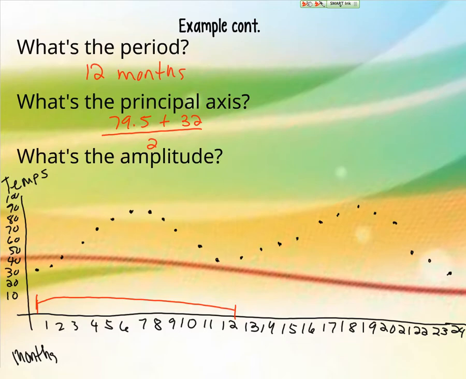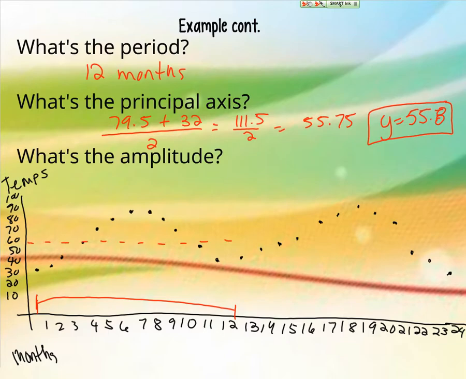So I end up with 111.5 divided by 2, which is 55.75. Remember, that's actually a line, so I'm going to write that as 55.8 for 3 sig figs, like an equation of a line. That should be down the middle of my graph. I know it's not perfect because I don't have the lines, but that's pretty close to being down the middle. So that's my principal axis.